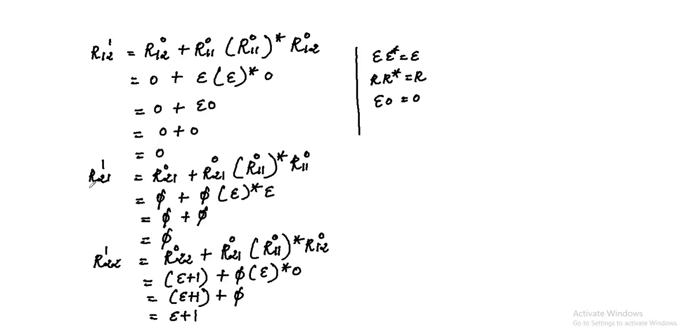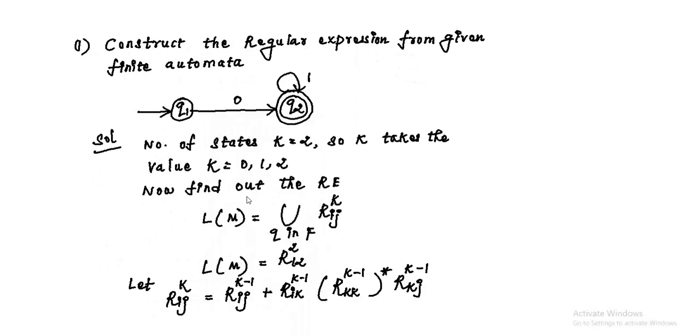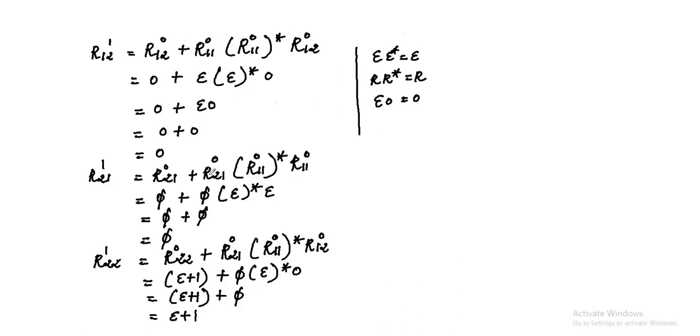Next combination is r_21 raised to the power 1. Here, as per the formula, the i value is 2 and the j value is 1, so r_ij raised to the power 1 equals r_ij raised to the power 0, that is r_21 raised to the power 0, plus, as per the formula, r_ik raised to the power k minus 1.